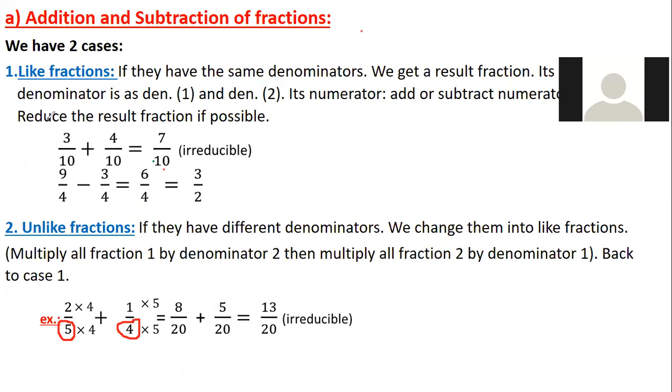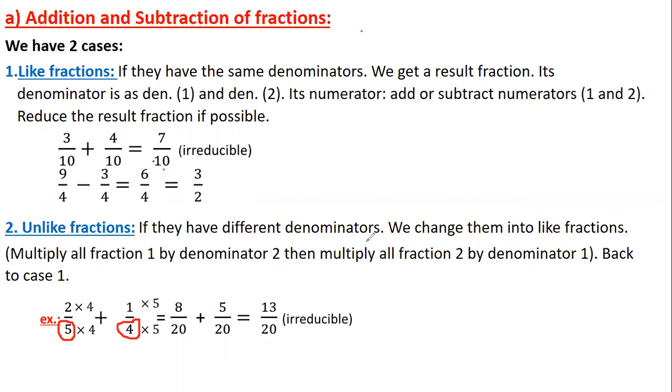No. So they are like fractions or unlike fractions? Unlike fractions. Okay, see what we do with unlike fractions. If they have different denominators, so they are unlike. What we should do is we change them into like fractions.